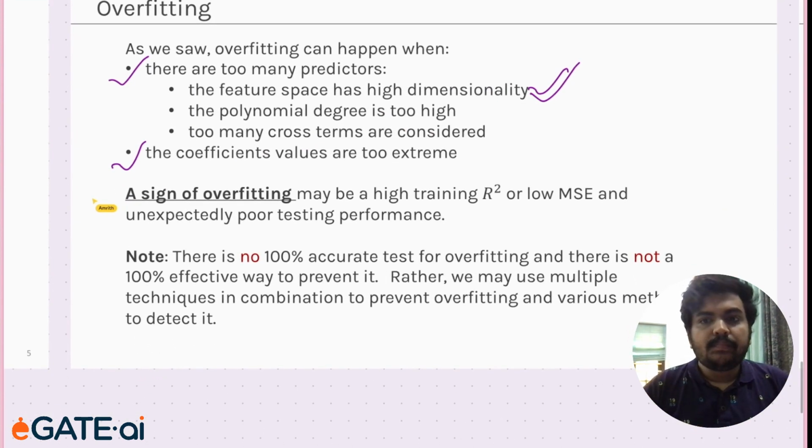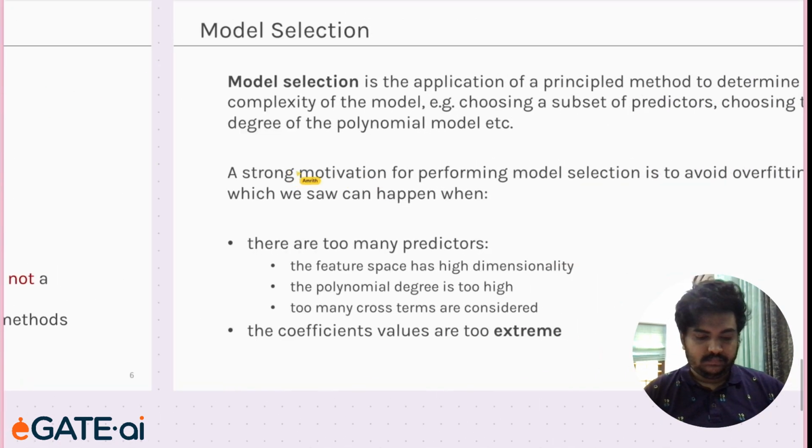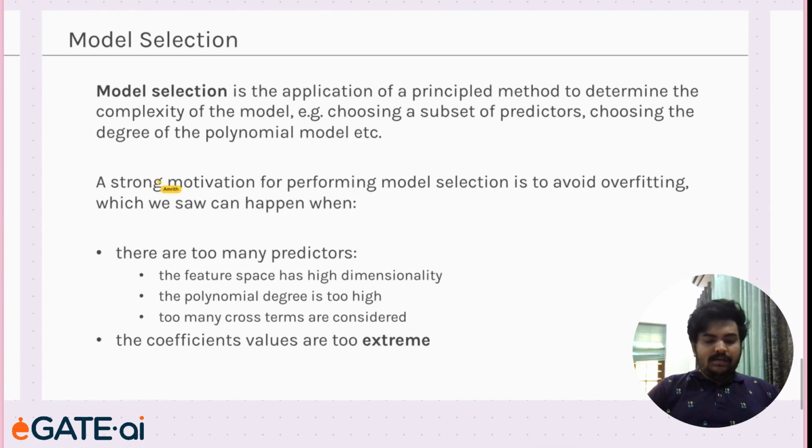So a good indicator of overfitting is low performance on test data in spite of having low error, or high performance, on the training data. In general, we may use multiple techniques in combination to prevent overfitting. A major aspect with respect to predictors is model selection, which we will briefly touch upon for now. Model selection is the application of a principled method to determine the complexity of the model.